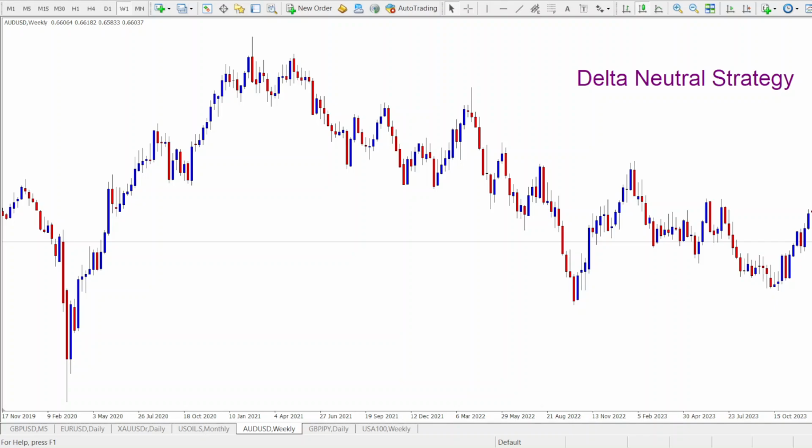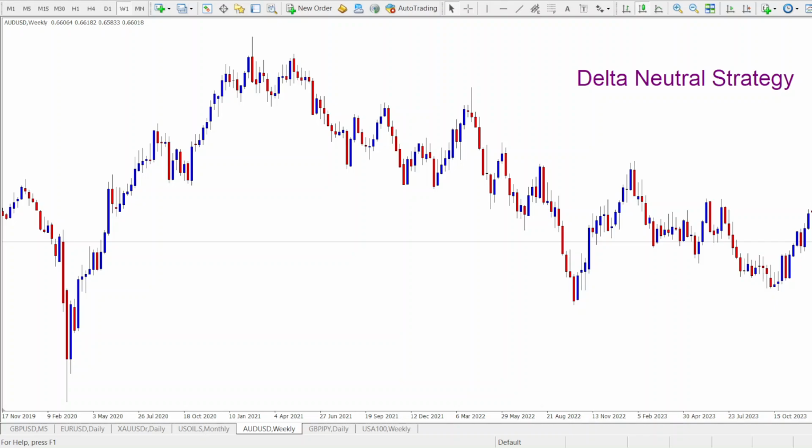Markets are unpredictable, as we all know, and while we would all love to know exactly which direction a stock or a currency pair is going, reality doesn't work that way. By balancing your delta, you are not relying on market direction for gains, which can be a great relief in volatile times.